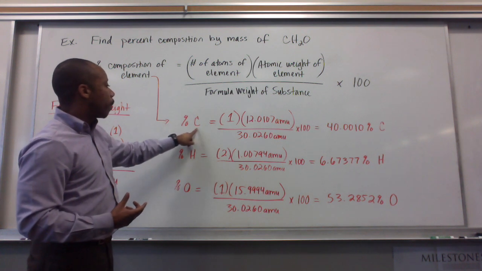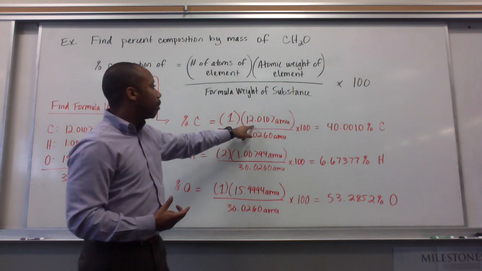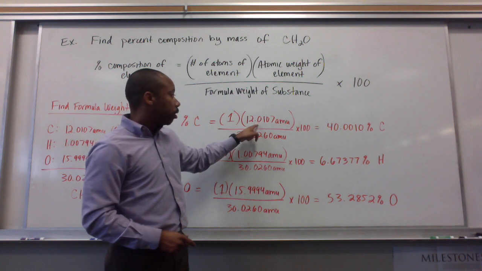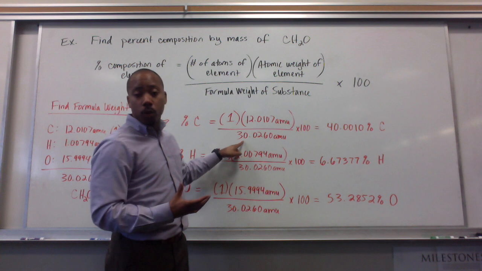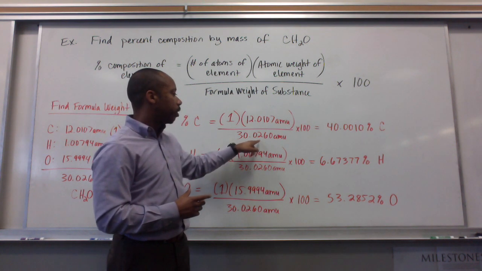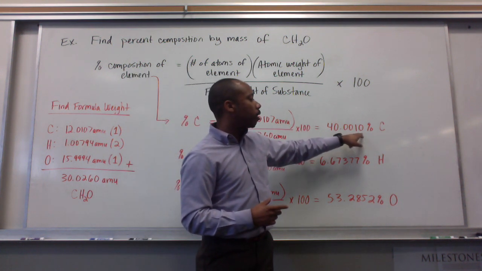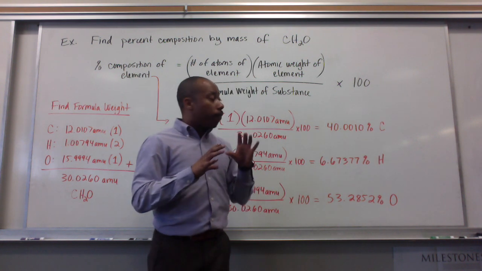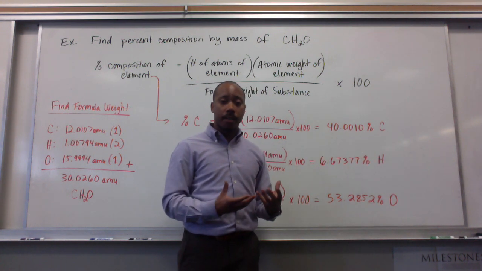So my percent of carbon is equal to the number of atoms of carbon, which is 1, times the atomic weight of the element that I gather from the periodic table, divided by the total molar mass, or molecular weight in this case, of my compound, 30.0260 atomic mass units. Multiply that times 100, I get 40.0010% carbon. So of the mass of my substance, 40% of it is from carbon atoms. That's what this is saying.